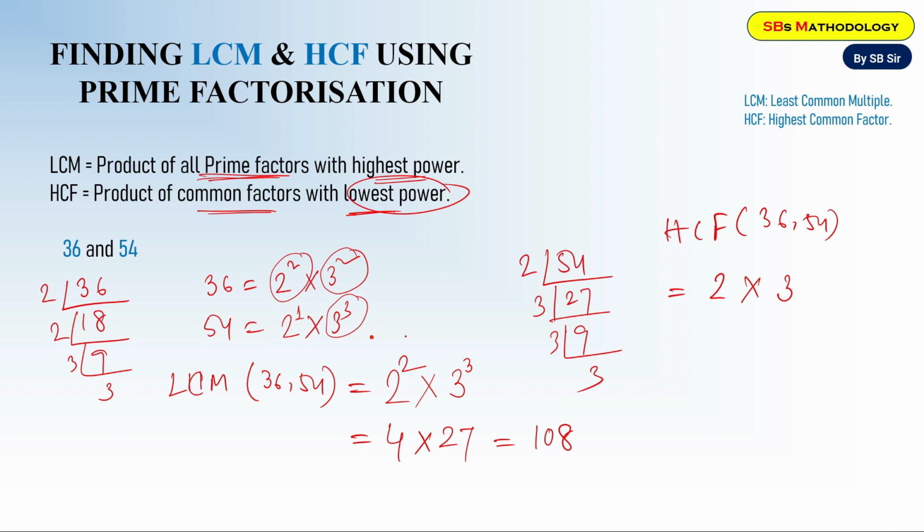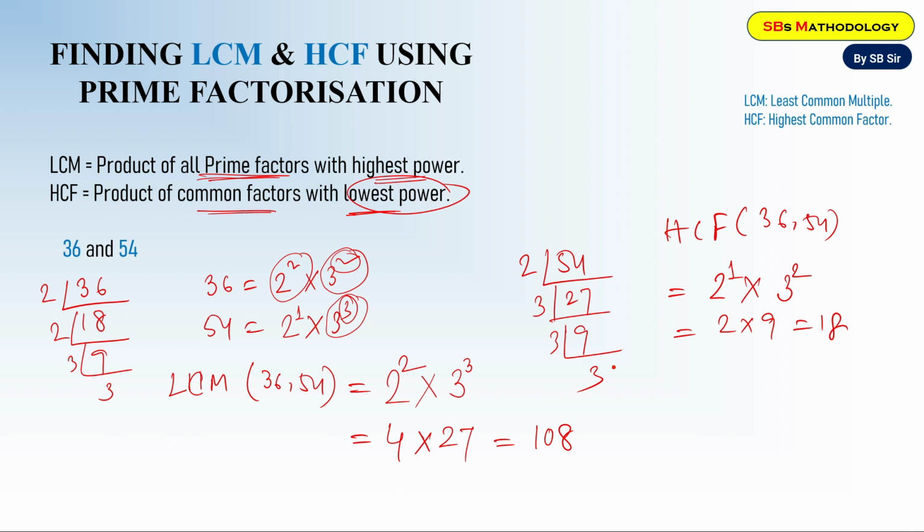So the lowest power is 1. For 3, the highest power is 3 and the lowest power is 2, so we take 2. So our HCF will be 2 multiplied by 3 squared, that is 9, which is 18. This is the process of finding HCF and LCM of two numbers using their prime factorization.